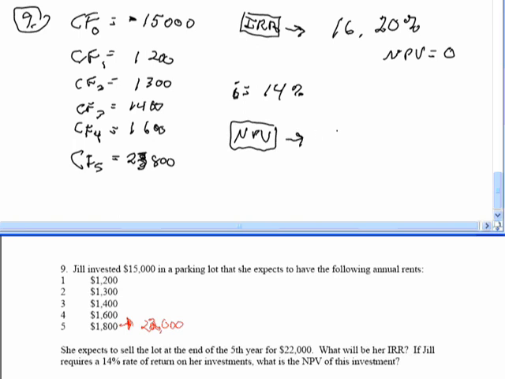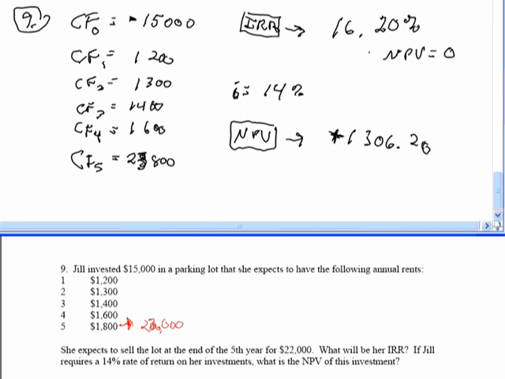And the NPV should be, I know it's going to be positive, okay? The sign matters with NPV. It's going to be positive. It has to be, because the internal rate of return is higher than the required rate of return. And it's positive $1,306.20.